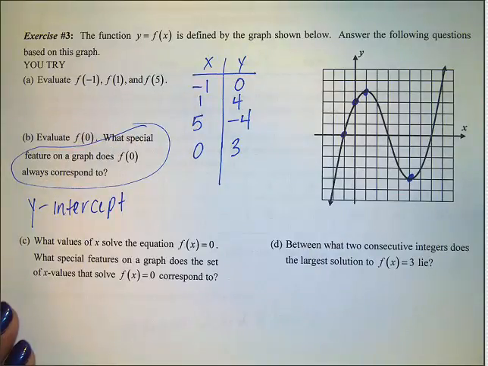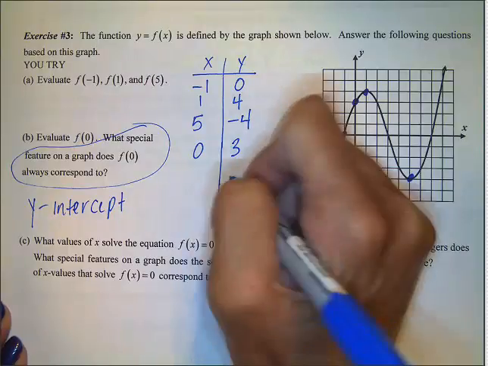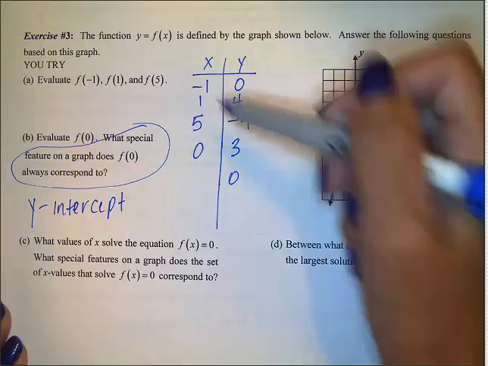Part C: what value of x solves the equation f of x equals 0? Now we want the output to be 0. So we want the y value to be 0. What are the x values that give us that? Well, we already said -1.